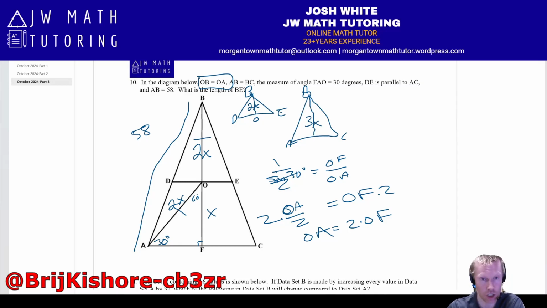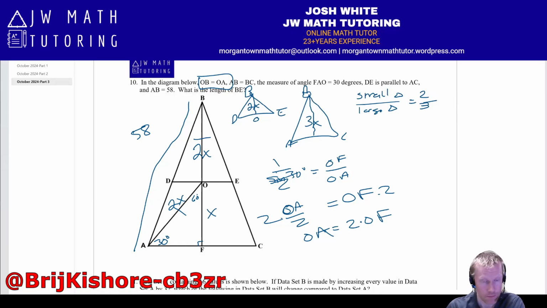That means the ratio of the small triangle to the large triangle is 2X to 3X, or really it's just 2 to 3. The X part is irrelevant. It's the 2 to 3 part that we're concerned with.